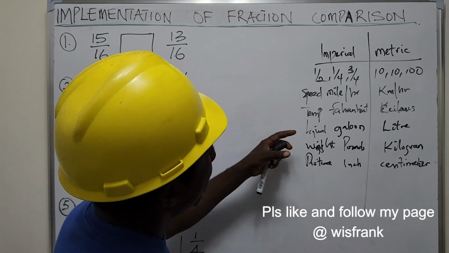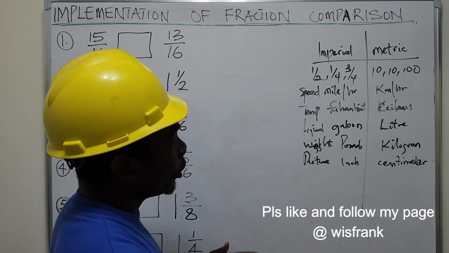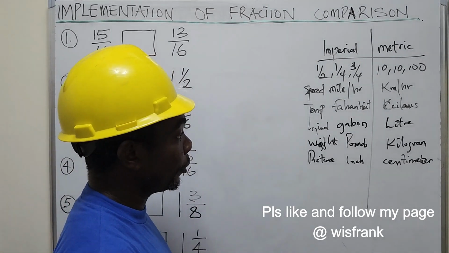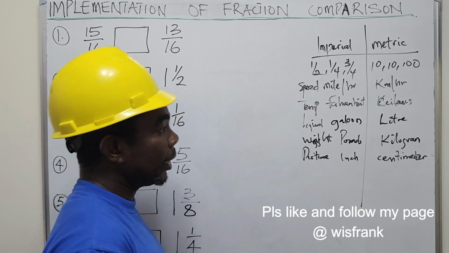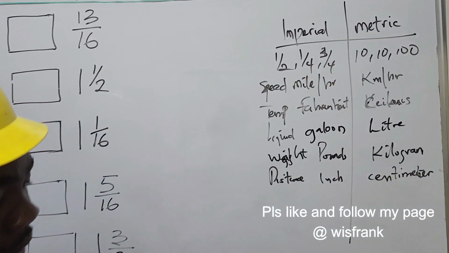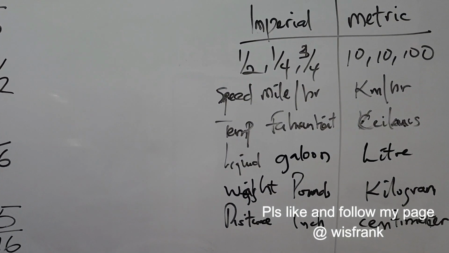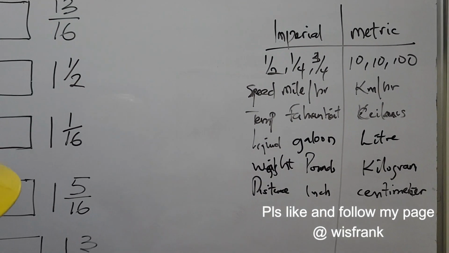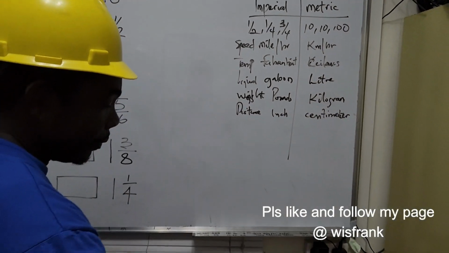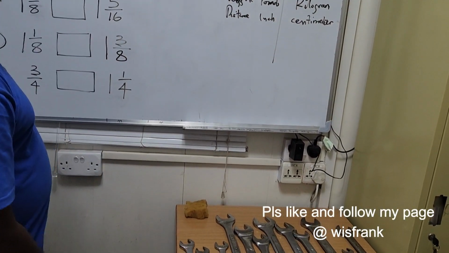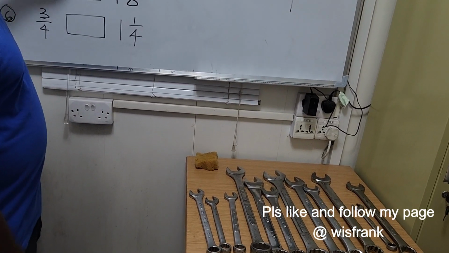So these are the two systems of unit that we use in our industry. We should be able to identify this in anything that we do. For example, in our tools, we have a set of spanners here, and each of these spanners represents one of these fractions.